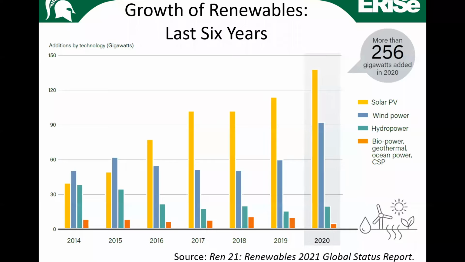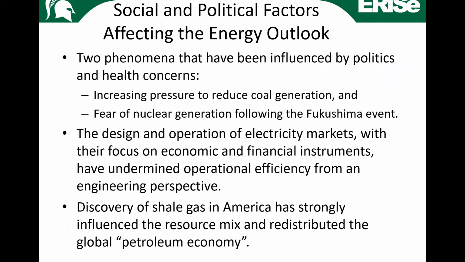So all those are being deployed, but you can clearly see that wind and solar have been the dominant renewable resources, and they share certain characteristics that I'll talk about later. They also have enough differences. I also want to talk about some of the phenomena that have influenced the energy outlook, and how politics has played a part in it.